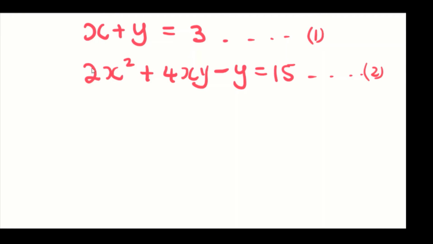Then we want to choose one equation to be our equation 3. Let's choose this one because it's simpler, and we can simply say x being equal to 3 minus y. So this would be our equation 3.